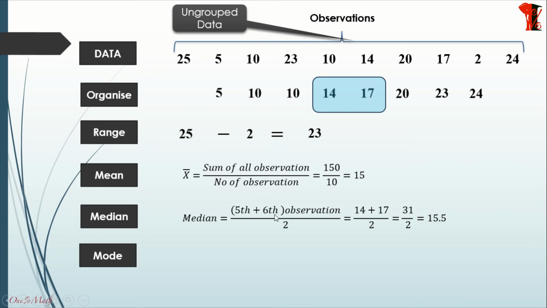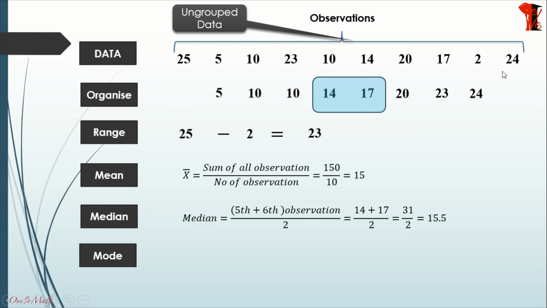We add them to get 31, then divide by 2, that means we take the average of the middle 2 terms, which gives 15.5. If there are an odd number of observations, say 11, then the 6th observation is the median. Even if you have 9 observations, then the 5th observation is the median. Only the calculation takes one extra step when there are an even number of observations.